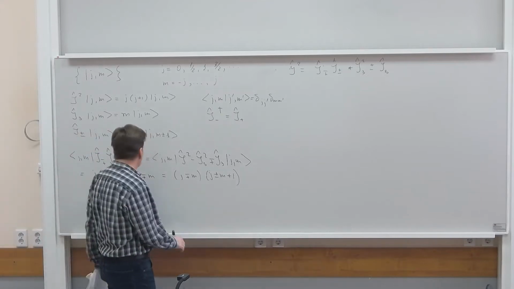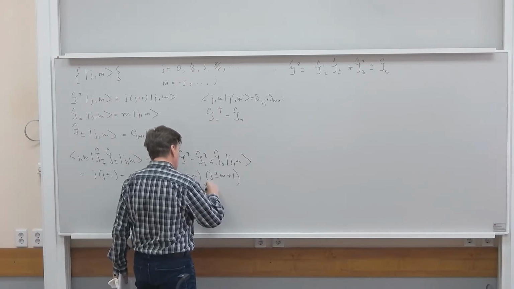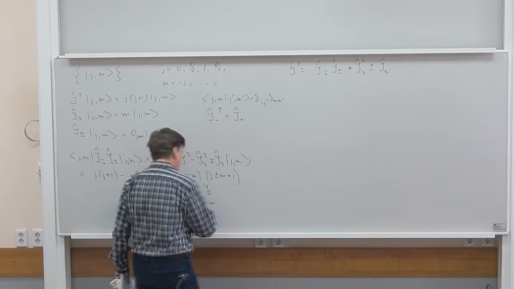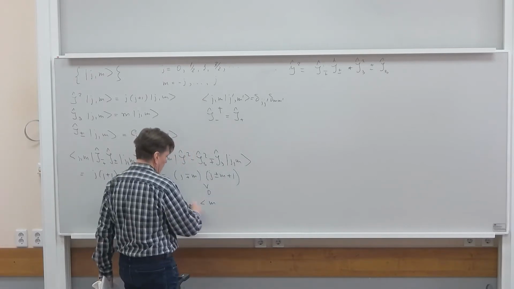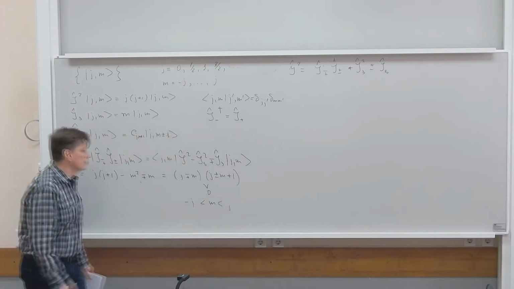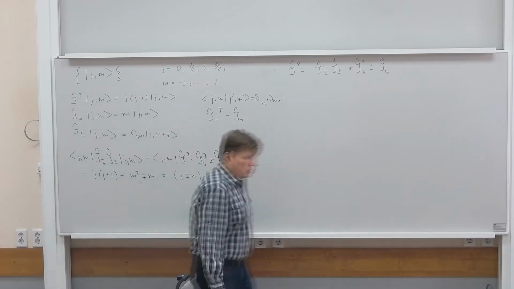And as you see, this number is always positive when m runs between -j and j. Neither bracket vanishes.